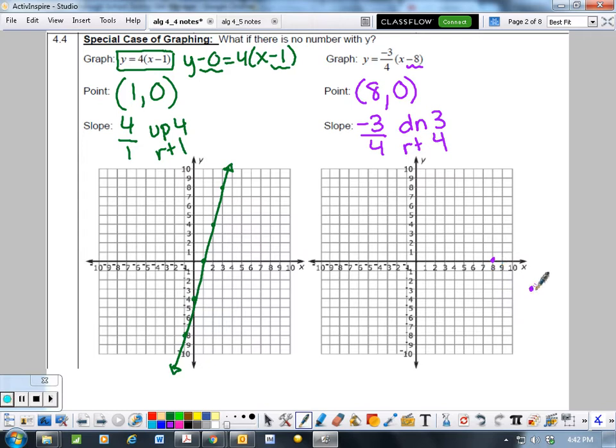I run out of room. I'm off the graph. So this is where it helps to work backwards. Instead of down 3, right 4, I can go up 3 and left 4, and repeat. And that'll give us our line.